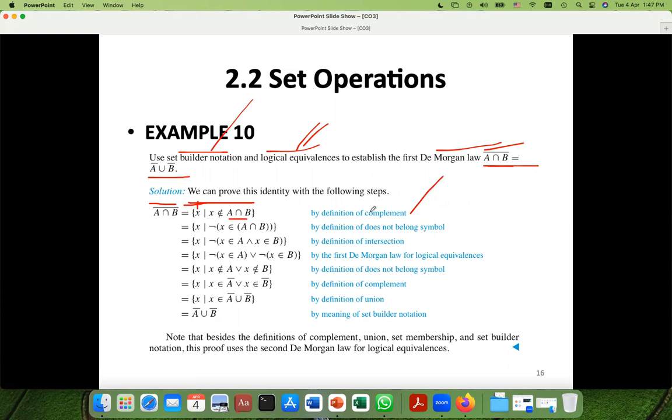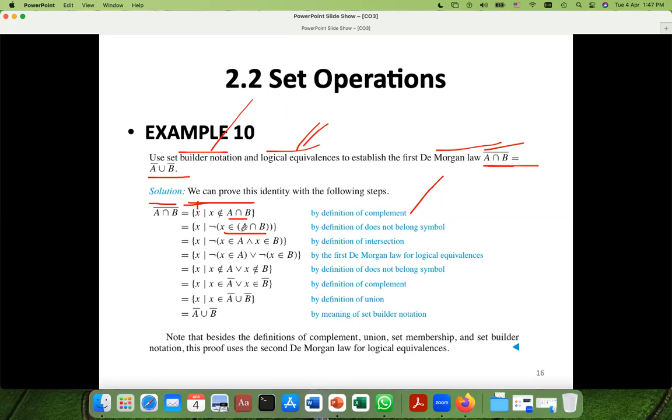And then what? Now we are changing this does not belong into belong. If you change X does not belong to A intersection B into X belongs to A intersection B, then the two are not equal.